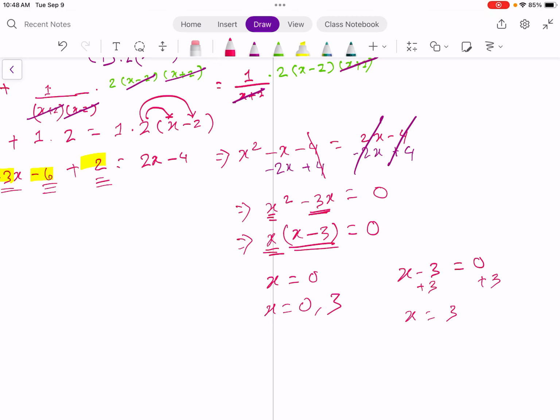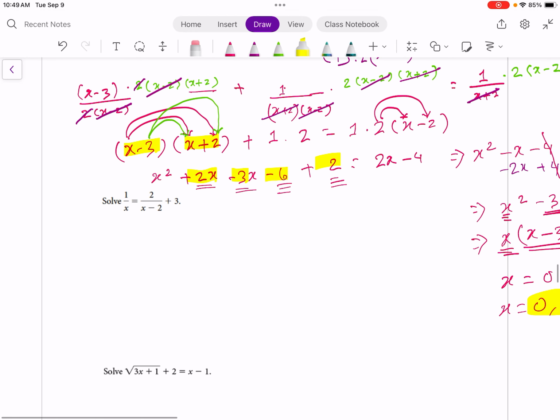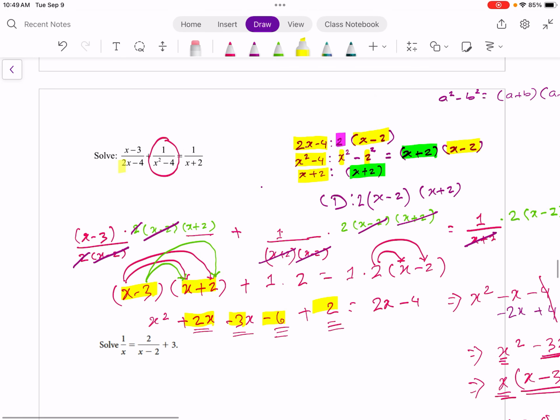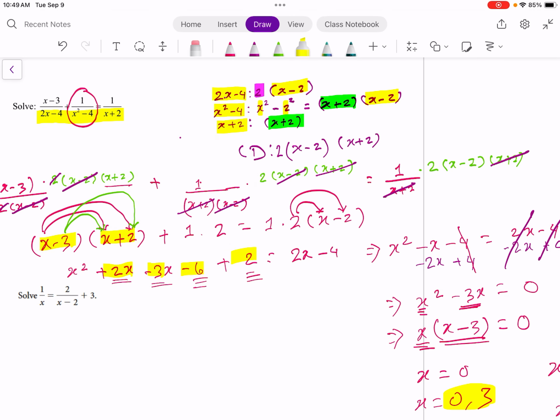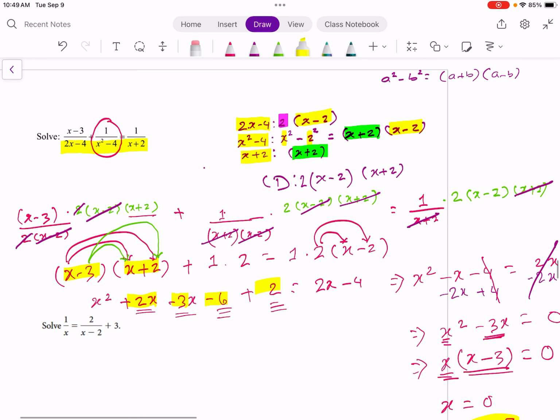Now to check, if you substitute, if you replace your x by 0 and 3 in this equation, is there any way we could get 0 in the denominator? We have two solutions, 0 and 3. Out of these two solutions, does either number make 0 in the denominator?